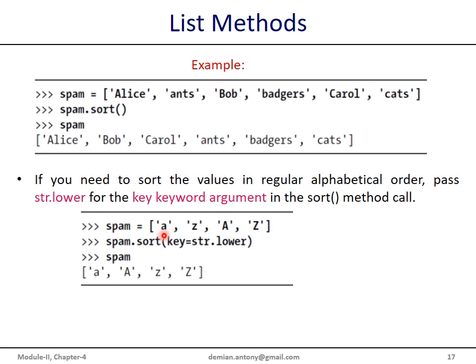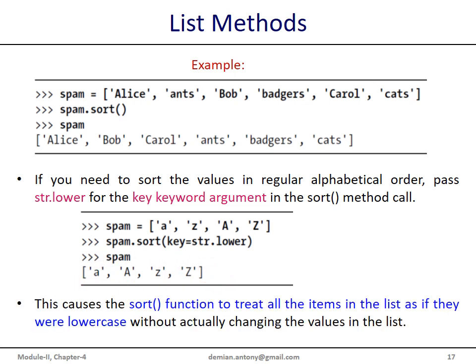Consider this example. Here we have a list spam with lowercase and uppercase letters, and we are using the keyword argument with the value lower, and now you can see the list is sorted as per the regular alphabetical order.